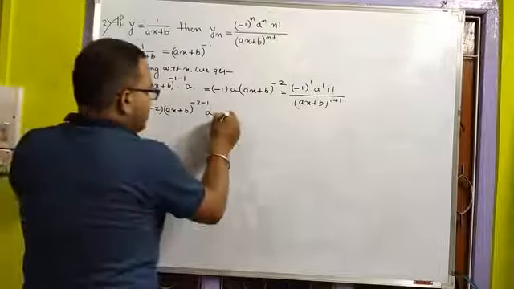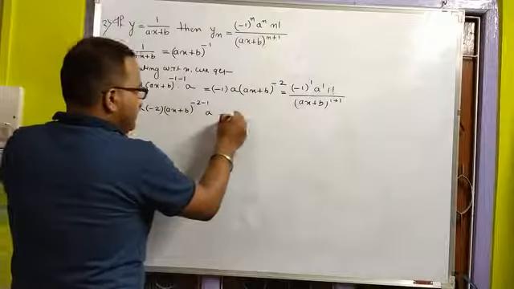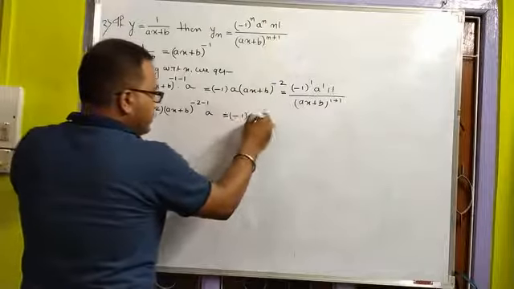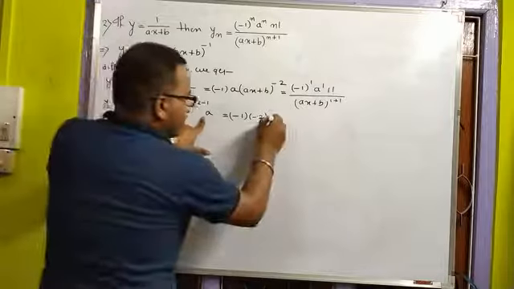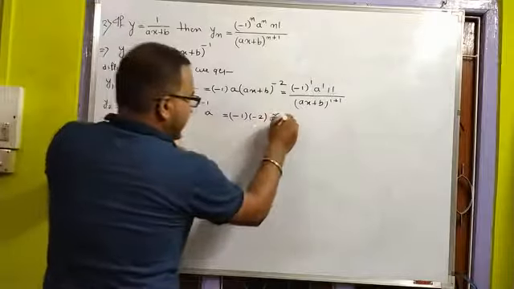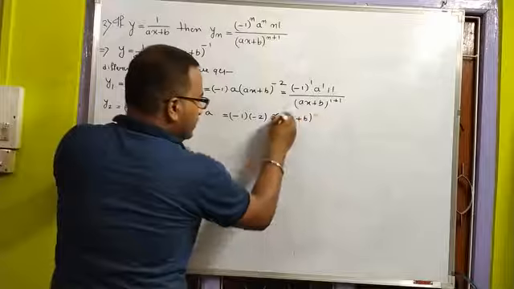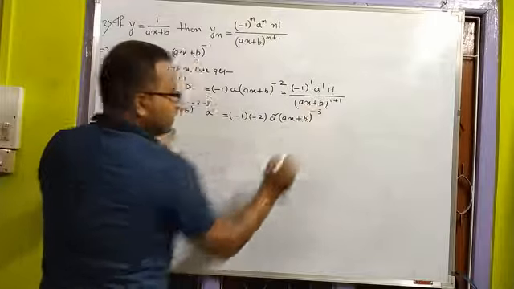So this can be written as minus 1 into minus 2, then a into a is a square, then ax plus b whole thing to the power minus 3.